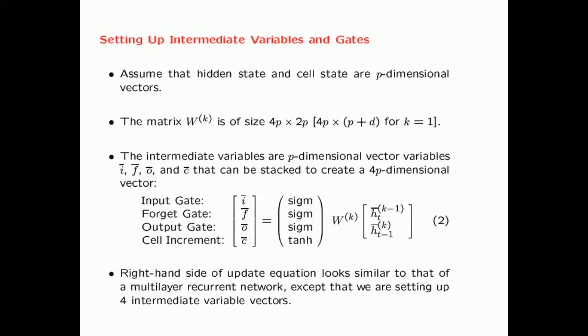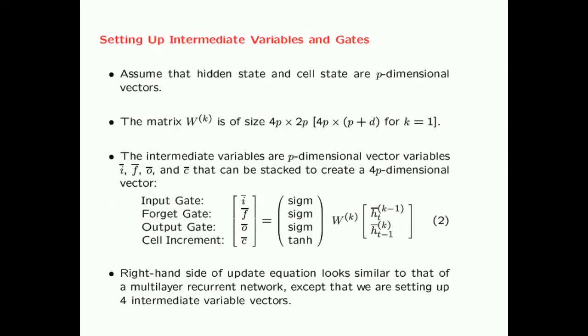If you look at equation 2, the rightmost expression on the right hand side is a vector of size 2p. So you're multiplying a vector of size 2p with a matrix of size 4p cross 2p, which is going to create a 4p dimensional vector. This 4p dimensional vector, instead of being treated like a hidden state, is actually the gates that you create.